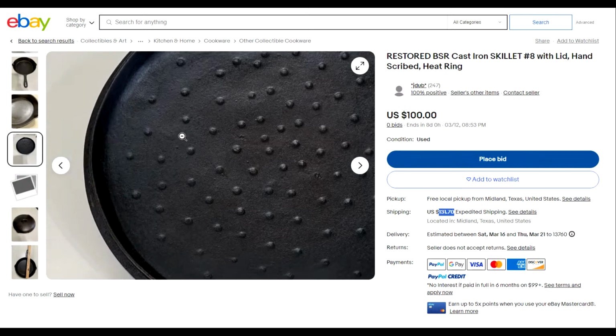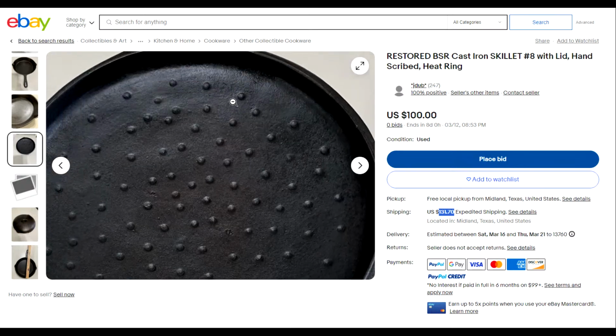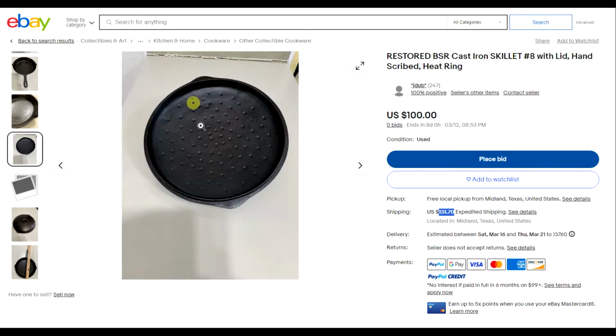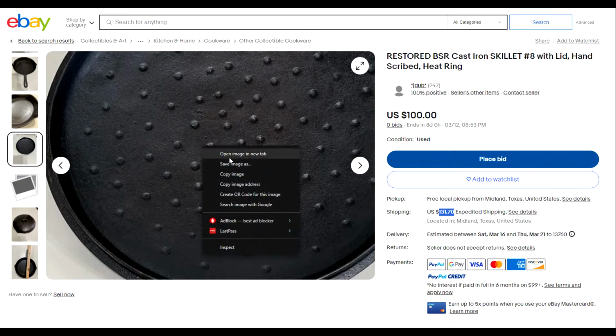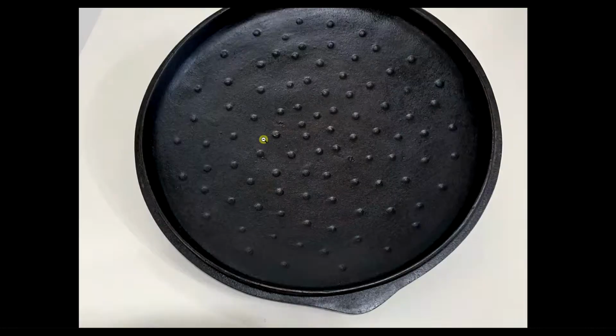BS&R had dimples, right? They didn't have spikes, but this thing actually looks like it's... Let me try to get a closer look at this particular image. Open image, new tab. It doesn't seem to get any bigger than this. Those don't look like the usual dimples or divots you see in the underside of a BS&R. They look like just the opposite, in fact.